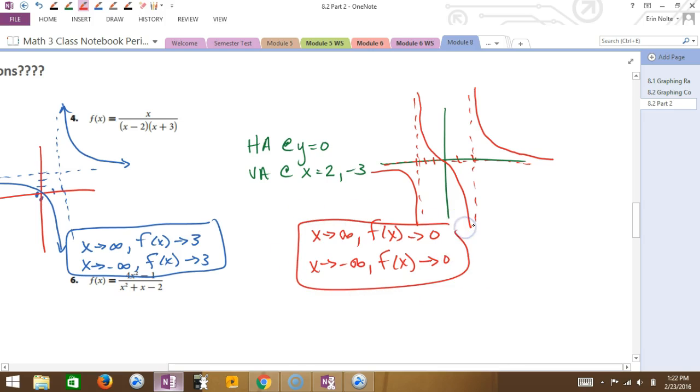Did anybody notice that it crossed the horizontal asymptote? Here's something different between a horizontal asymptote and a vertical asymptote. A vertical asymptote you cannot cross through because of that golden rule of can't divide by 0. But the horizontal asymptote you can cross, it only tells you about the end behavior of the graph. So you can cross the horizontal asymptote.